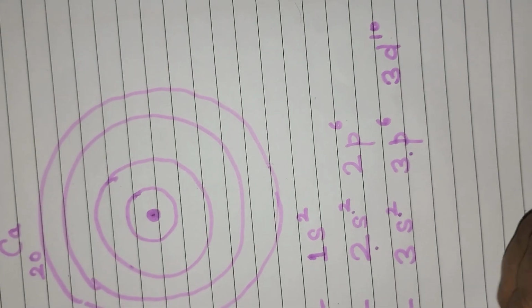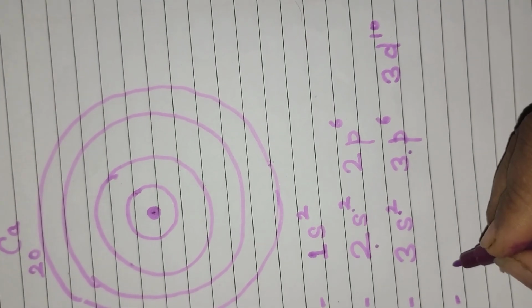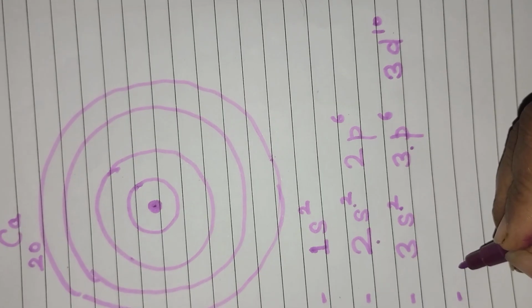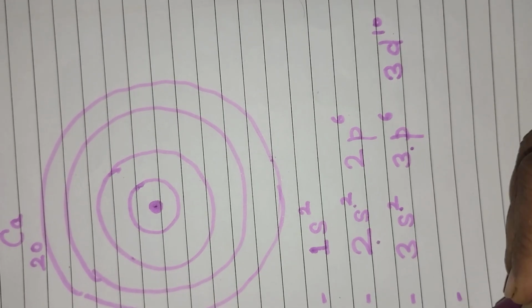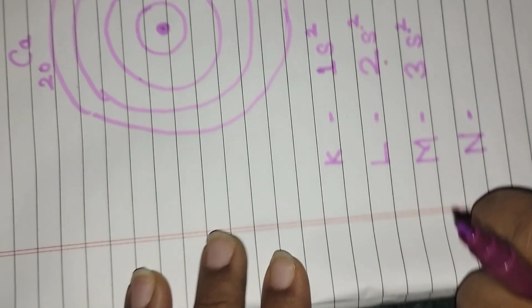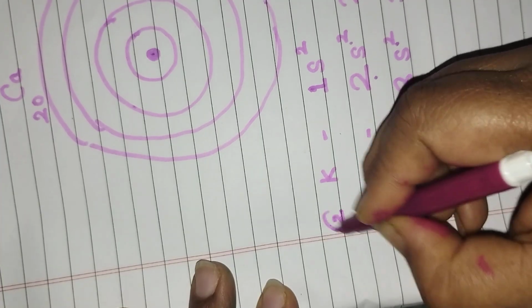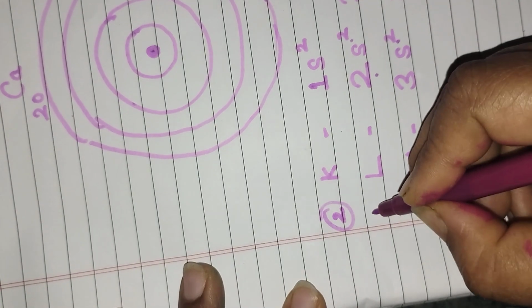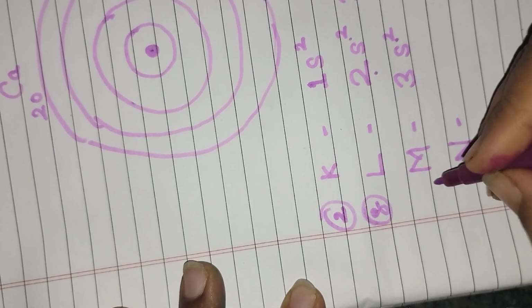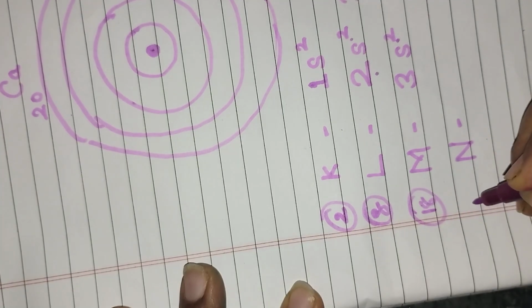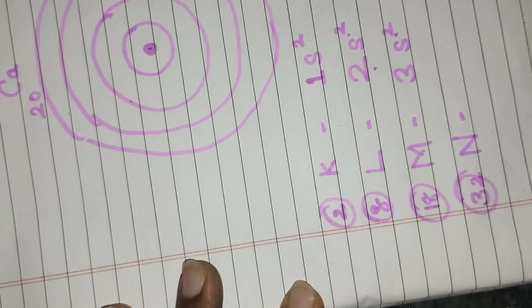Now moving on to the N shell, it is going to be 32 electrons. How many electrons will be there in the N shell? See, K shell will have a total of 2 electrons, L shell will have a total of 8 electrons, M shell will have 18 electrons and N shell will have 32 electrons.